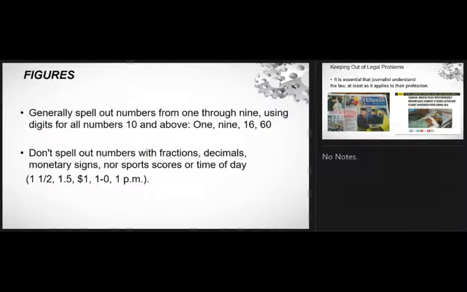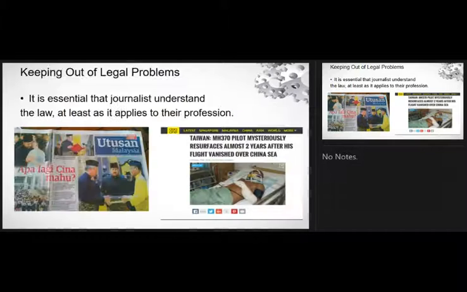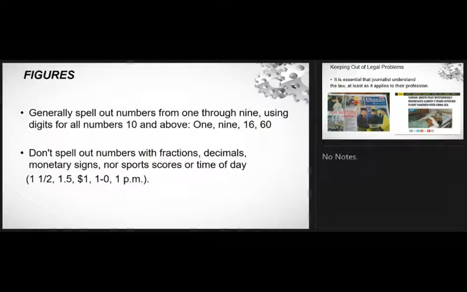So for figures, generally spell out the numbers 1 through 9 and use digits for all numbers 10 and above, like 16. After 10 you just need to write the number. Don't spell the number out with fractions, decimals, monetary signs, sports scores or time of day. For example, you don't just say one up to one point five, one ringgit, one dollar, one to zero, one p.m. Don't write it like that.